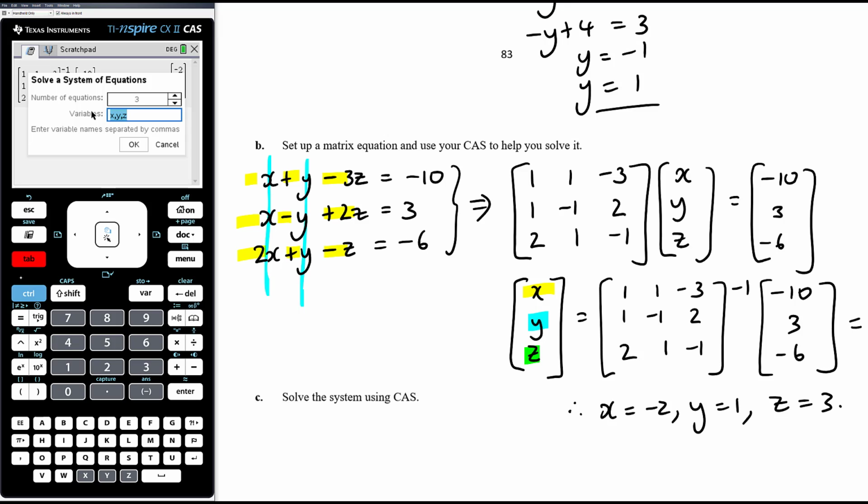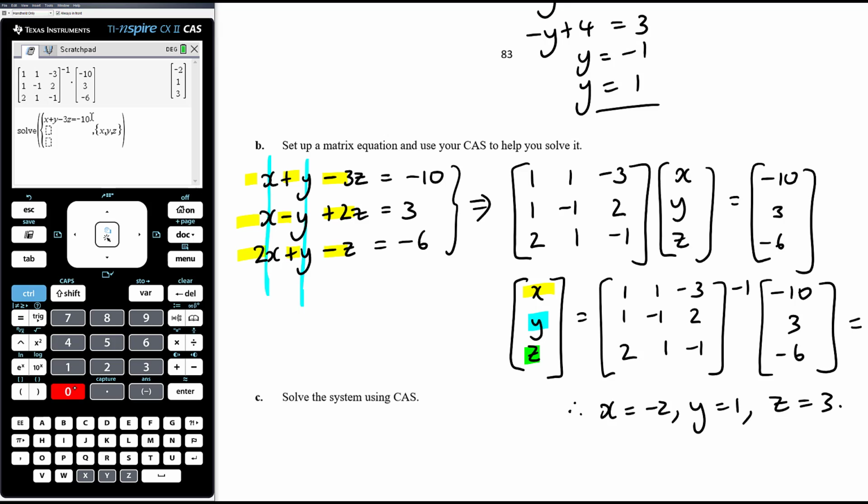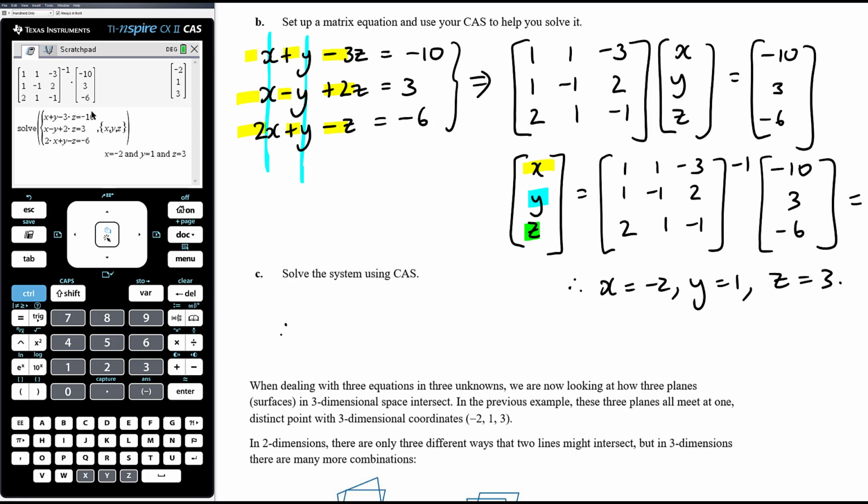I've got 3 equations, the variables are x, y, and z, and I just type my equations in. x plus y minus 3z equals negative 10. x minus y plus 2z equals 3, and 2x plus y minus z equals negative 6, and we get the same thing. So by solving with CAS, we also get x is negative 2, y is 1, and z is 3.